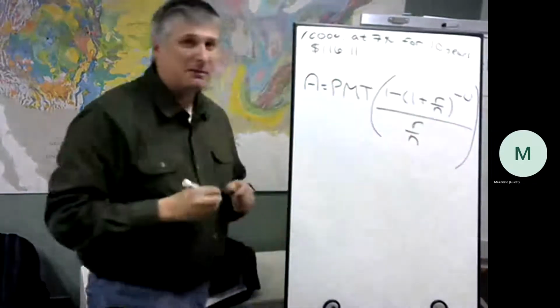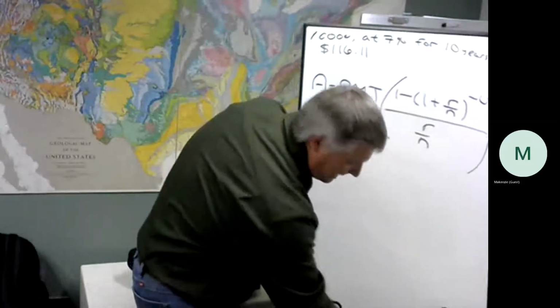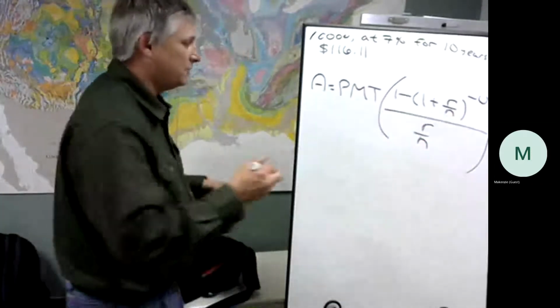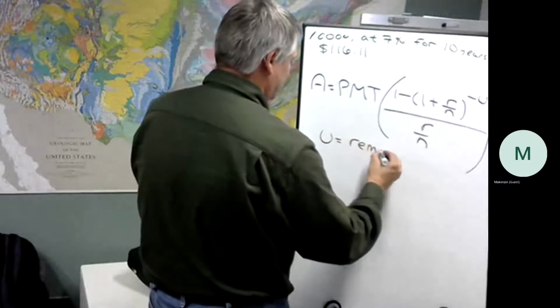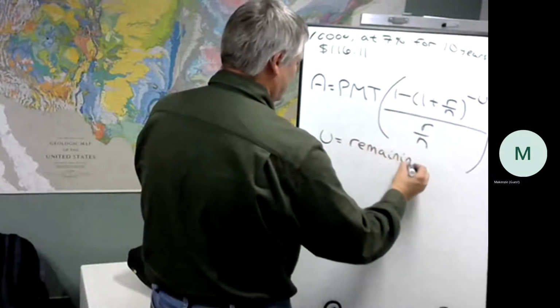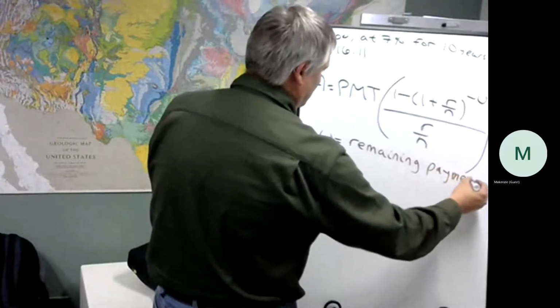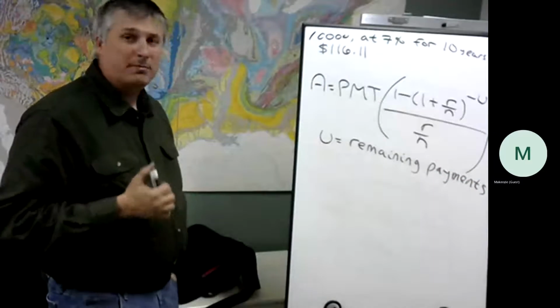It's very similar to the payment formula. And what's going to happen here, we want to find U. U is remaining payments.